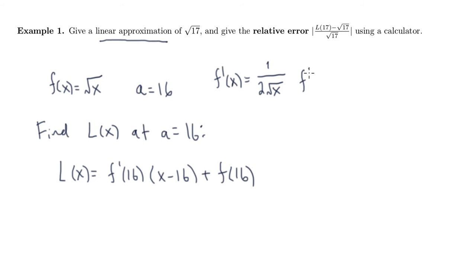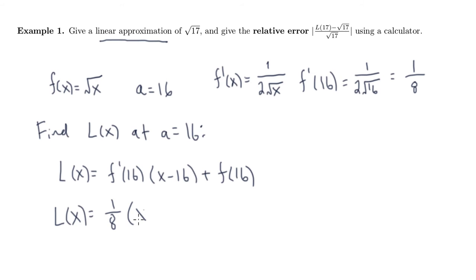And of course, if we plug in 16, we'll get 1 over 2 times the square root of 16, which is 1 over 2 times 4, which is 1/8. So our linear approximation is 1/8 times x minus 16 plus f of 16. But the reason we chose 16 is because we know what f of 16 is. It's 4. Square root of 16 is 4.